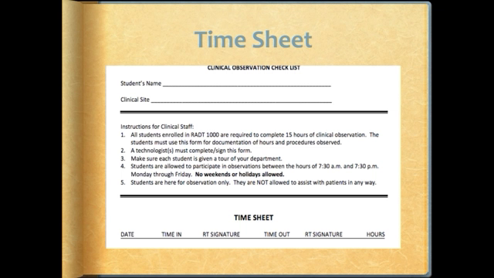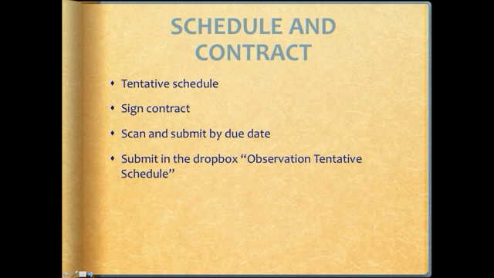And those two, your exam list and your timesheet, will have to be scanned back into the computer, saved as a PDF, and uploaded to Moodle. Your schedule and contract, also in the observation folder. This is going to be a tentative schedule. I'm going to need you to print this document out, fill in your schedule of when you think you may go. Then you're going to read the bottom portion and sign the contract.